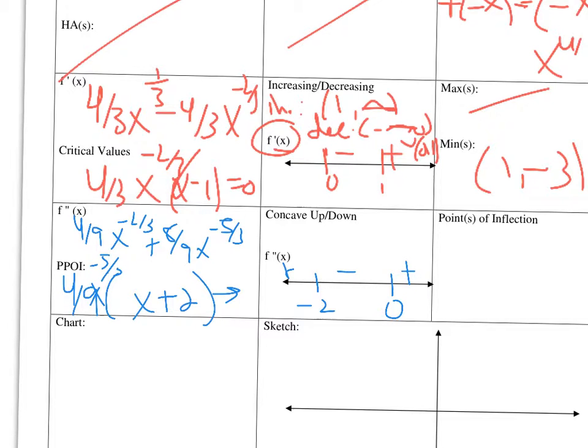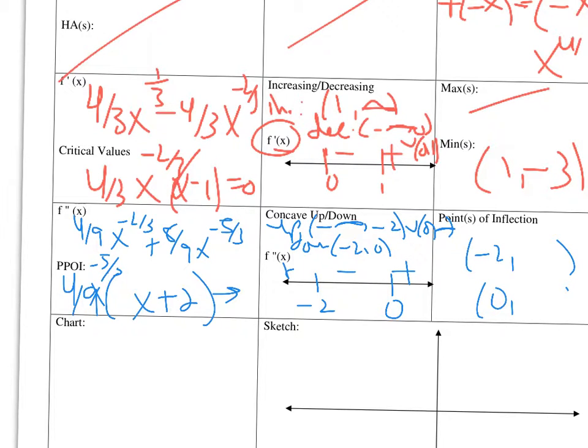So your concave up from negative infinity to negative 2, union 0 to infinity. And then down, as you guys probably know, negative 2 to 0. Okay, so our points of inflection are going to be negative 2 and 0 because it changes concavity on both. When you plug them back in, you get (0, 0) and (-2, 7.6). I'm okay with you doing the decimal there.